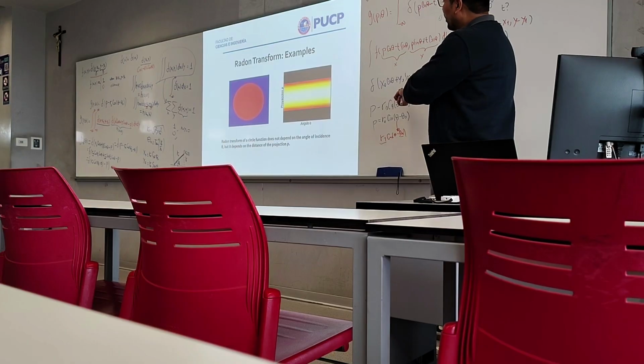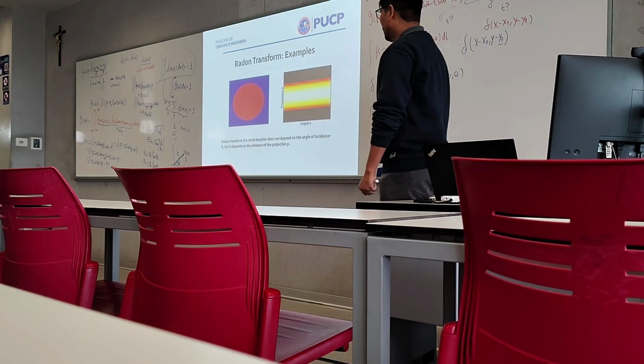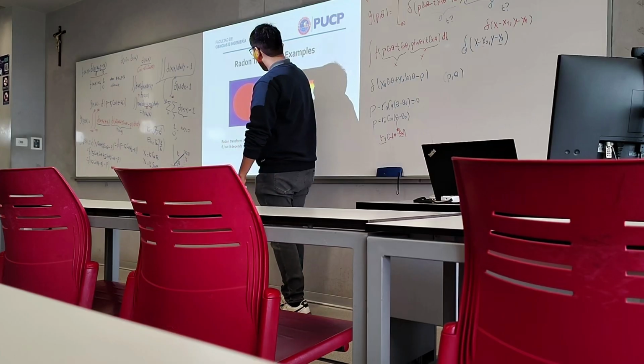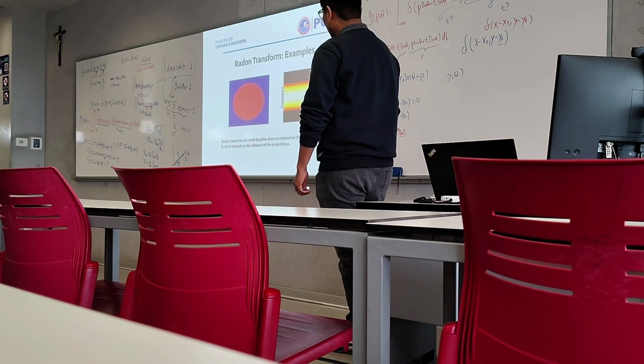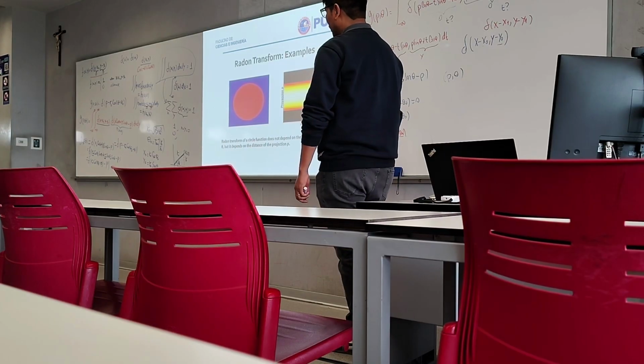Another example, the Radon transform of a circle. In this case, the circle has value 1 and outside is 0. So how will the Radon transform look?